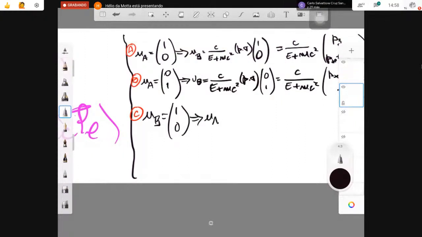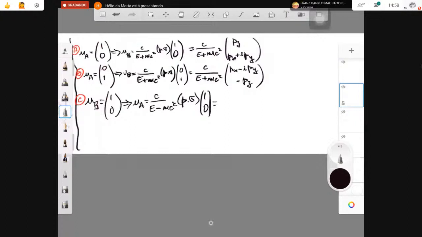Now it's c(E minus mc²) p_sigma, and again, 1, 0. c(E minus mc²), p_z, the z component of the momentum, p_x plus i p_y.